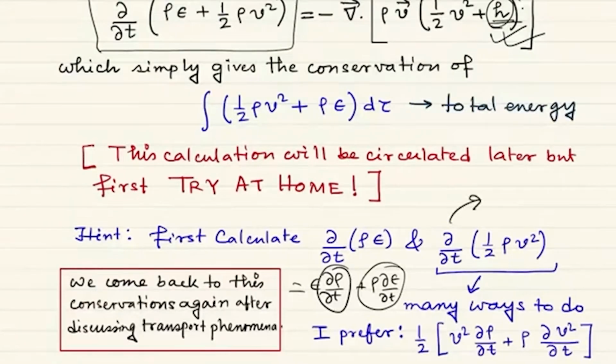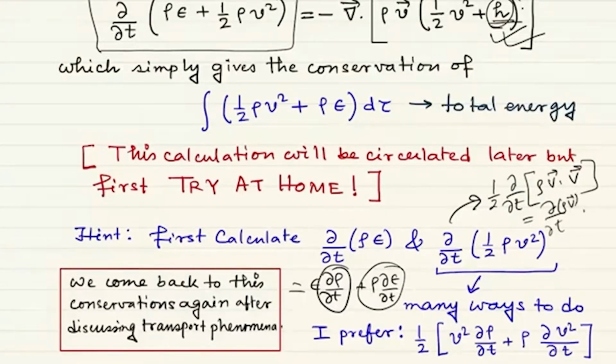Then for the second one, you will have two terms. There are many possibilities. One can write ∂t of ½ρ v·v, then do it like ∂t of ρ v·v plus ρ v·∂v/∂t. That is a possibility.